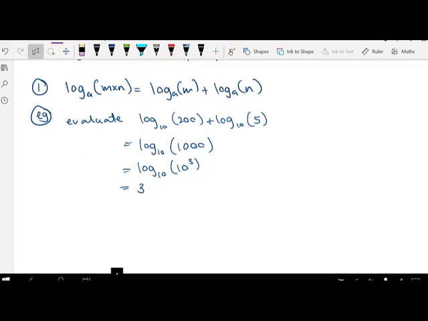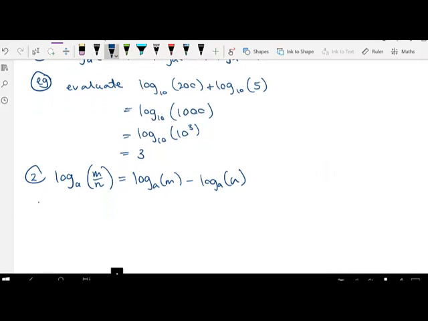Our second log law is log base a of m over n is equal to log base a of m subtract log base a of n. A simple example here will be we want to evaluate log base 2 of 32 subtract log base 2 of 8.